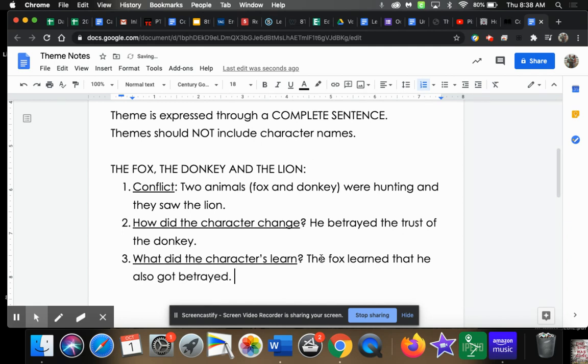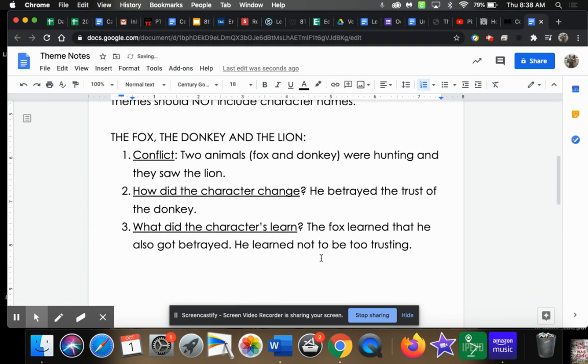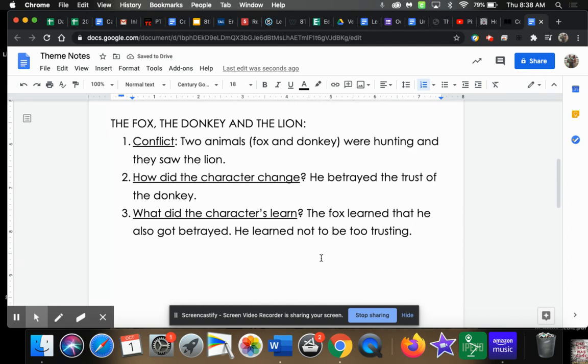He learned not to be too trusting. Then the very last thing that we do is figure out the theme. What should we learn from this fable? What, as human beings, should we learn from this fable? What lesson are we supposed to learn?